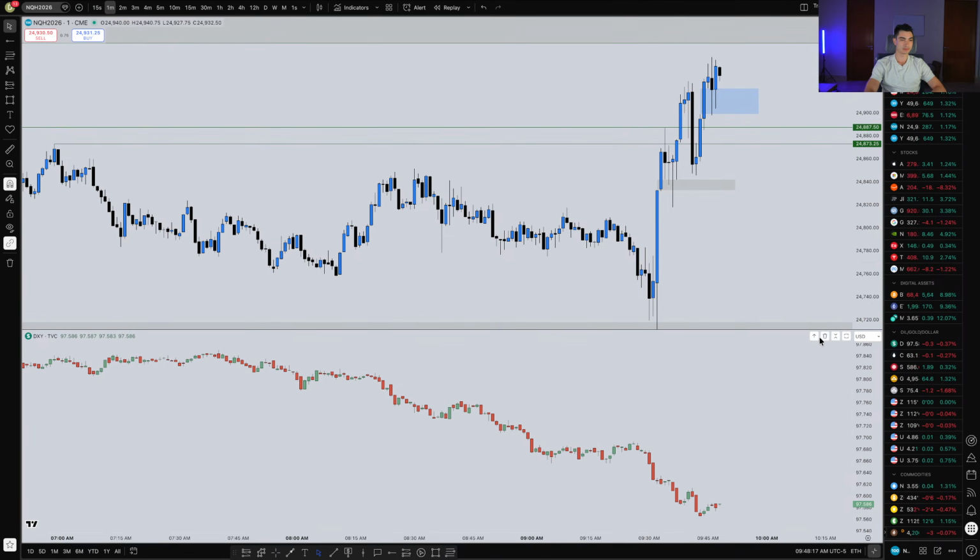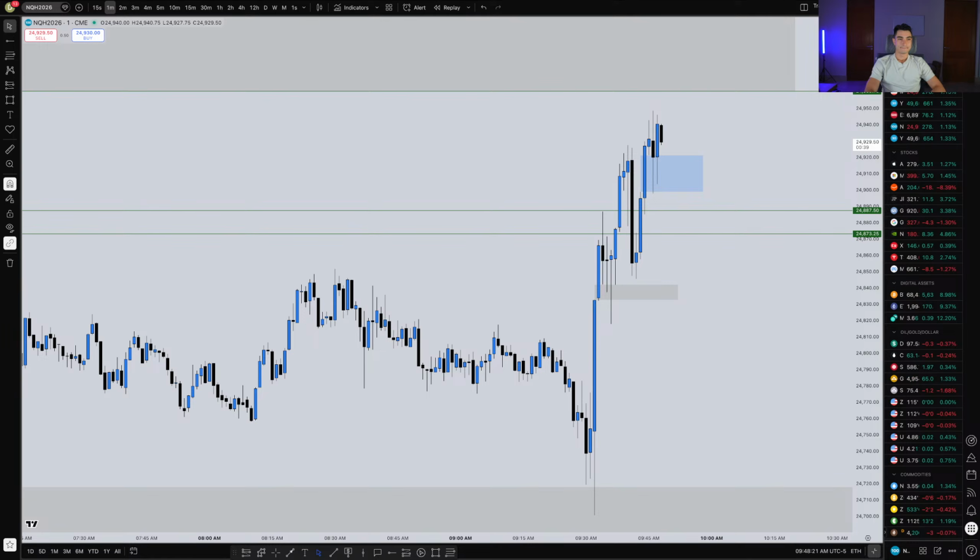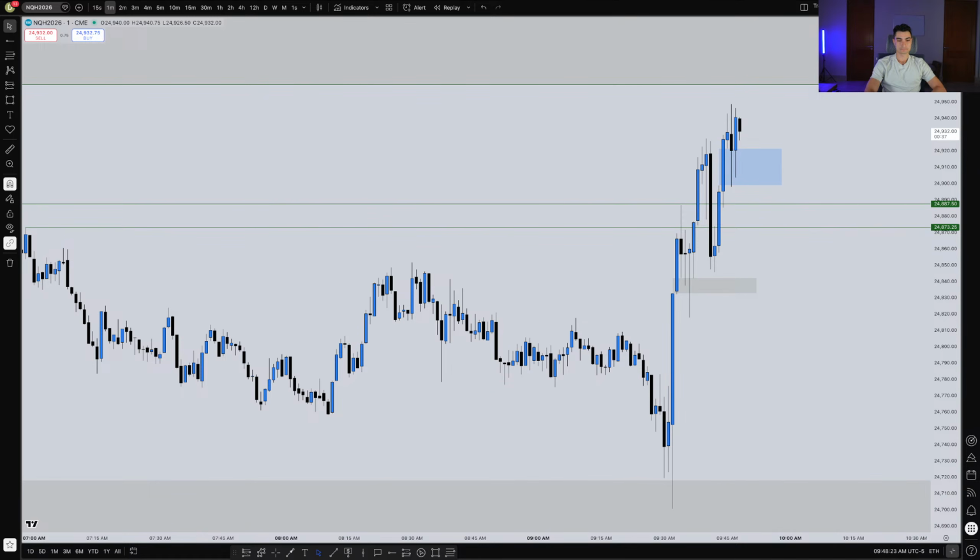All right, so let me take off dollar here. So this 1-minute candle, open, dropping down, hitting this down close here.